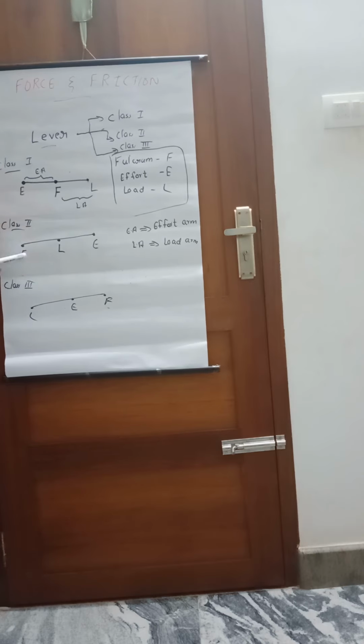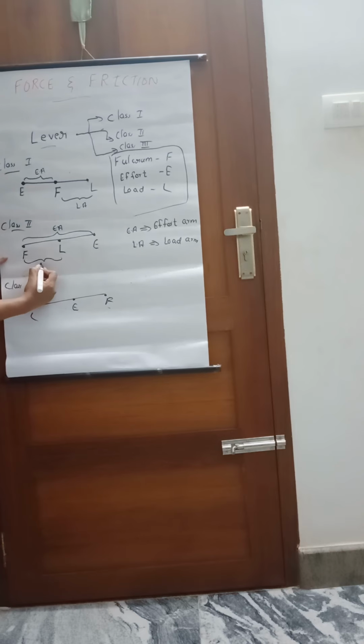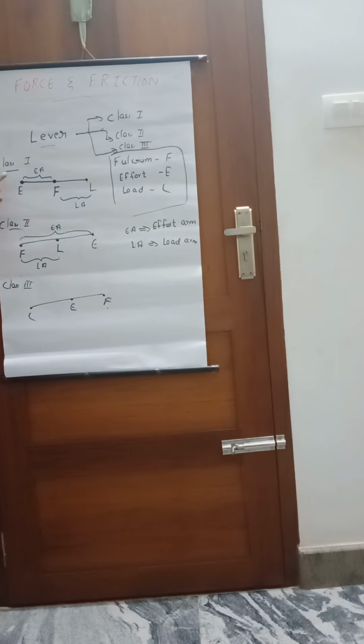So let's say in the case of class 2 lever, we know that the distance between effort and fulcrum is effort arm. So this is the effort arm in the case of class 2 lever. And what is our load arm? Yeah, it is the distance between fulcrum and load. So this is our load arm in the case of class 2 lever. In the case of class 1 lever, the length of effort arm and load arm are equal.